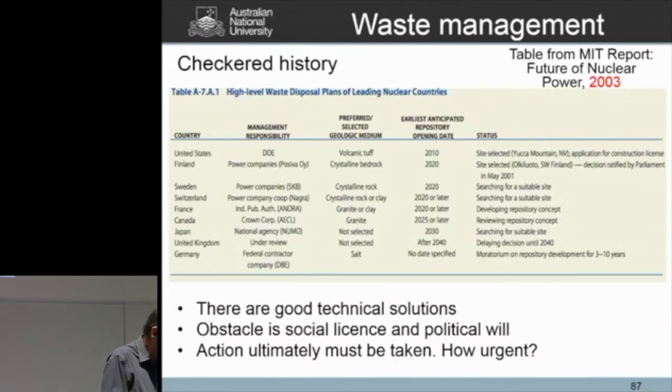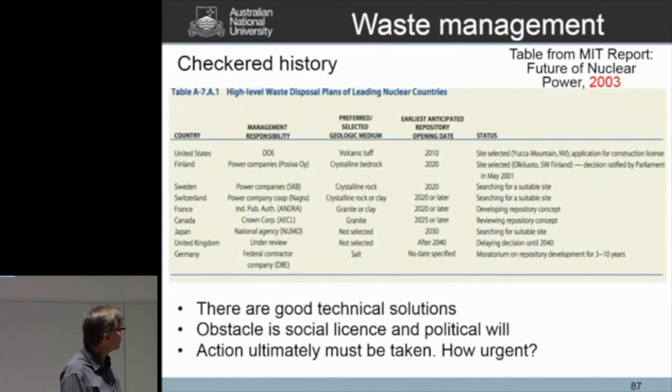Waste management has a checkered history. This is a table from a review that's 15 years old now. And if you read the detail, there's lots of plans and lots of talks and lots of postponing. And unfortunately, that's the way it's continued. My view is that there are good technical solutions.